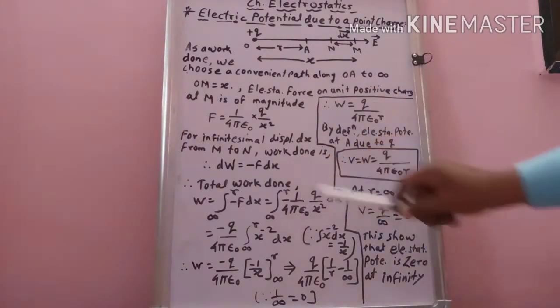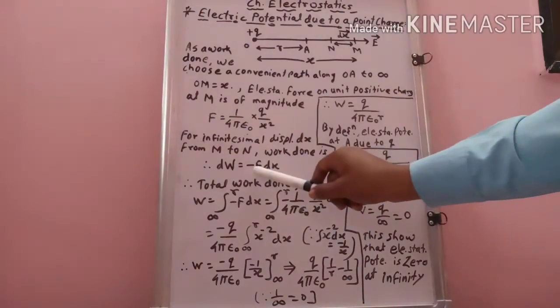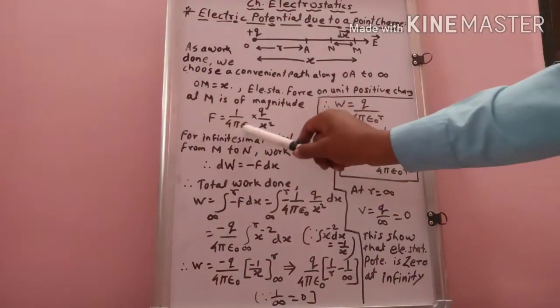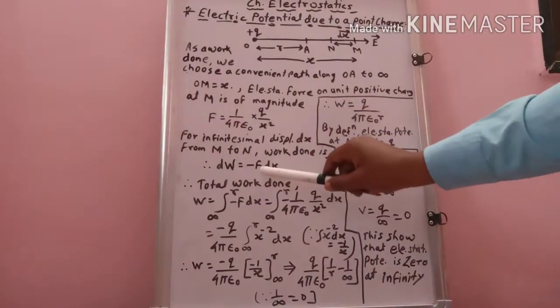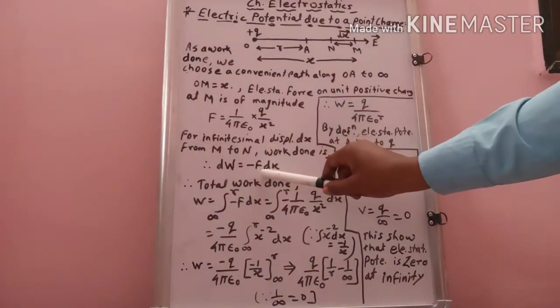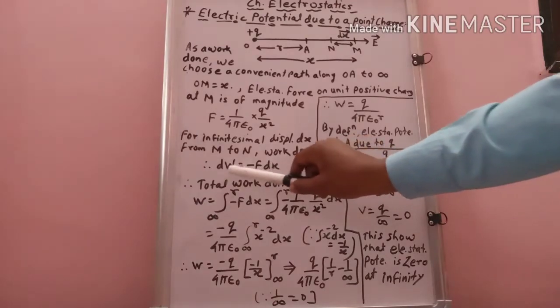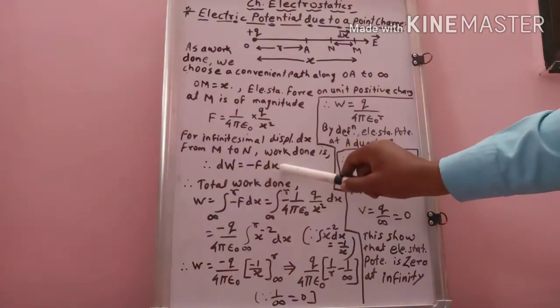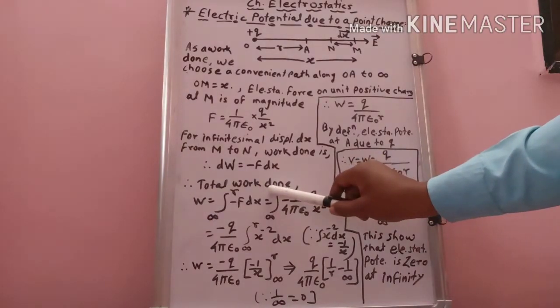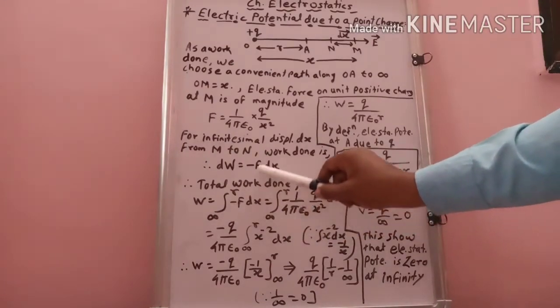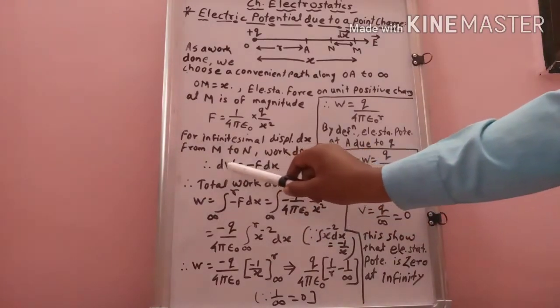Then we put the value of F, 1 upon 4 pi epsilon naught Q upon x square, into the equation dW equal to minus F dx. To determine the total work done, we integrate dW.